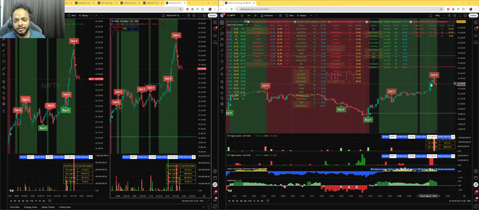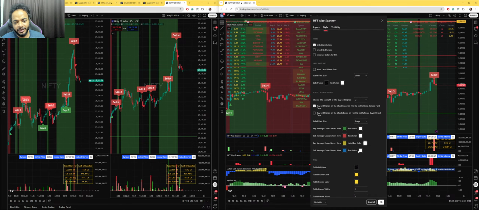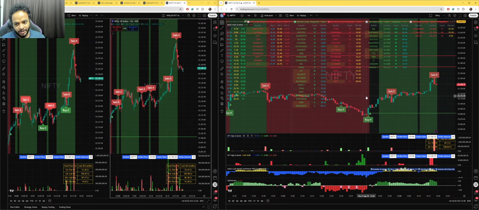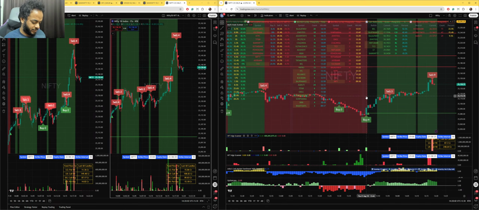Like this you can also select the strength which is greater than or equal to 5, 6, 7, 8, 9 or whatever, so you can keep that. Whenever, let's say, a sell signal greater than or equal to 8 appears, your strategy will get triggered, or a buy signal greater than or equal to 8 or 9, whichever you feel comfortable with. Those types of automations are now possible with TradingView and these various algo platforms.